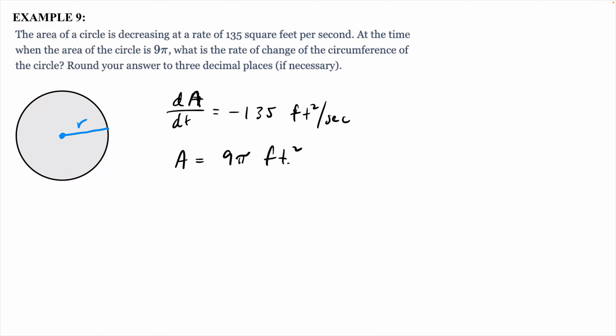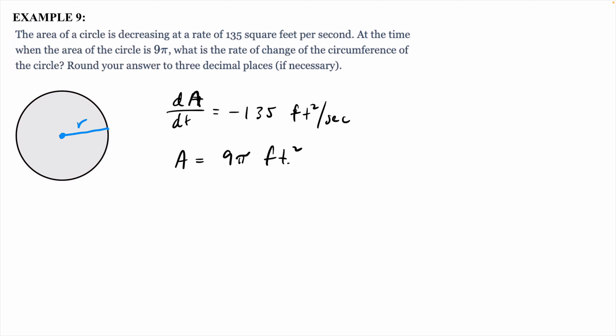Is there any other information they've given us that we should write down? We need to find the rate of change of the circle. Do we know that? No, so that's not the given part. I know that the area is decreasing at 135 feet squared per second, and I know that the area is 9 pi. Do I know anything else? No. Okay, that's step 1.